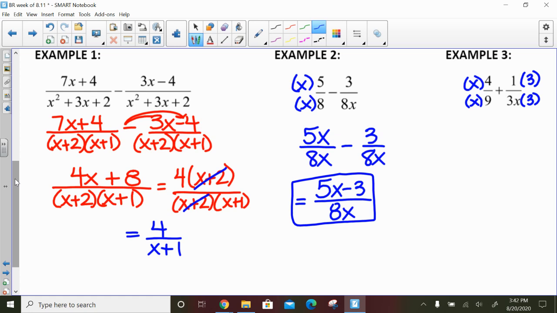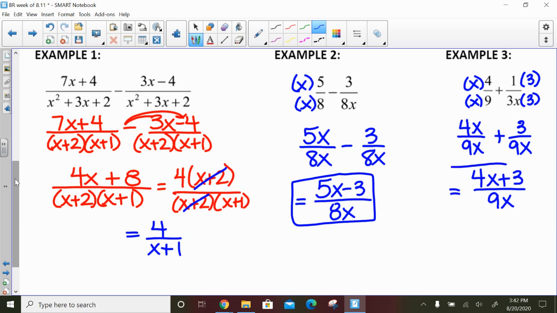So now on the top here, I have 4x over 9x plus 3 over 9x. And then if I combine these together on the top, 4x plus 3 over 9x, that's all that can be done with that problem. All right, so let's take a look at the last 2 examples.